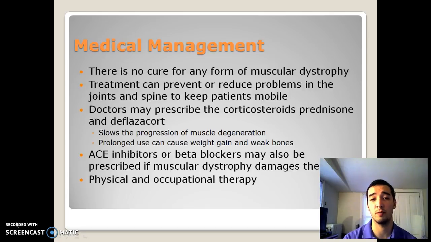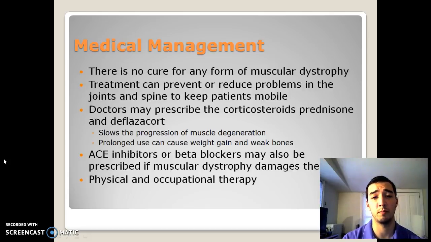Doctors may prescribe the corticosteroids prednisone and deflazacort. These medications can slow the progression of muscle degeneration. However, prolonged use can cause weight gain and weak bones.